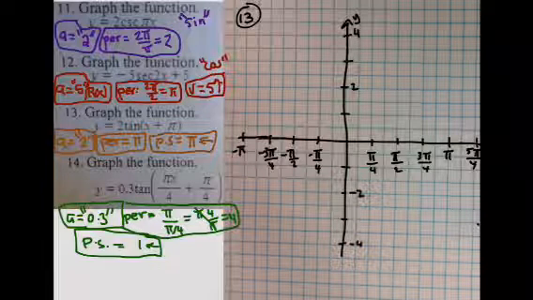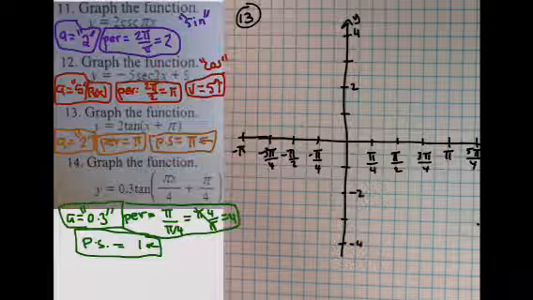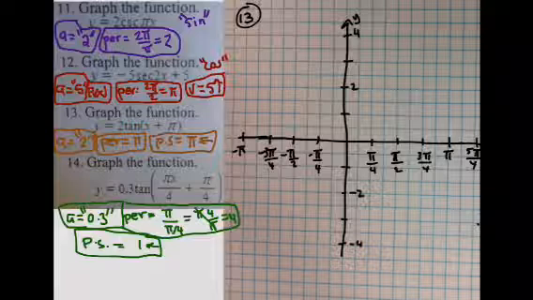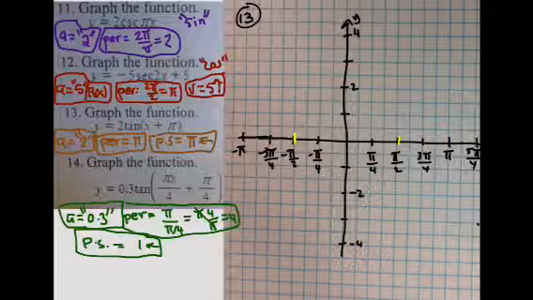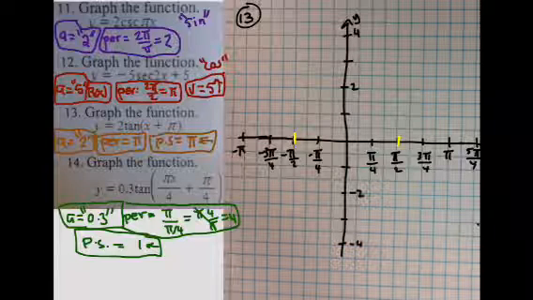Okay, so I'm going to draw, normally the asymptotes would go here and here, okay? Half of the period on the left, half of the period on the right. But now there's a phase shift of pi to the left, so that means 4 tick marks to the left.